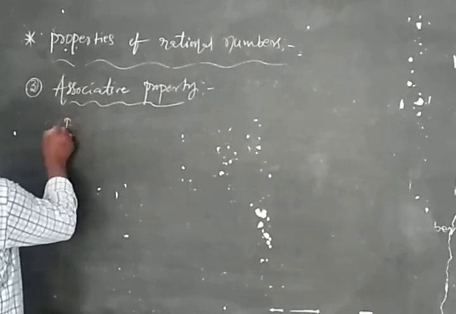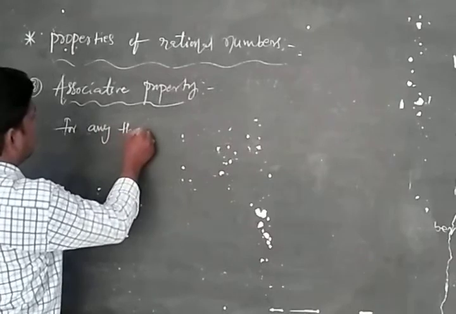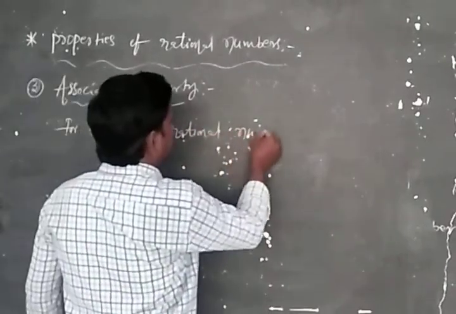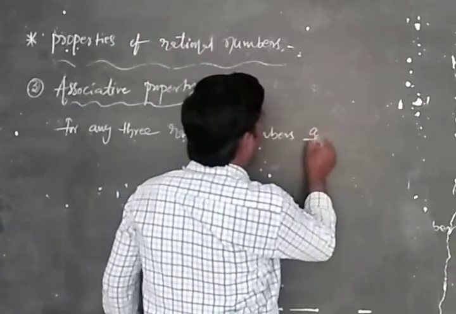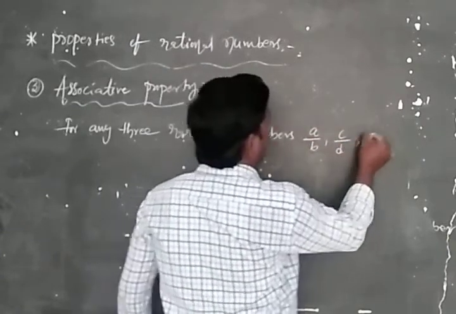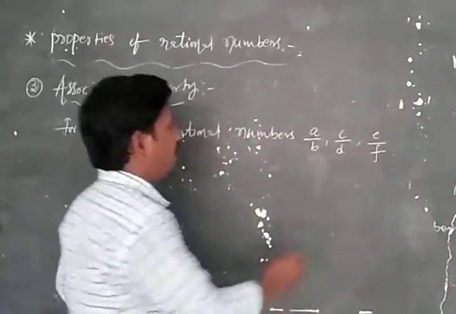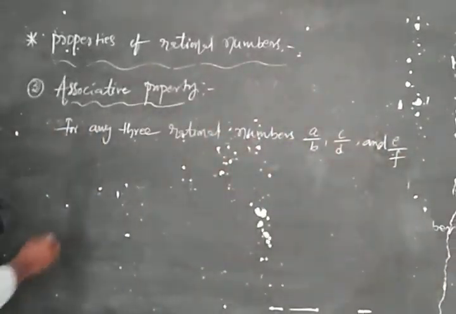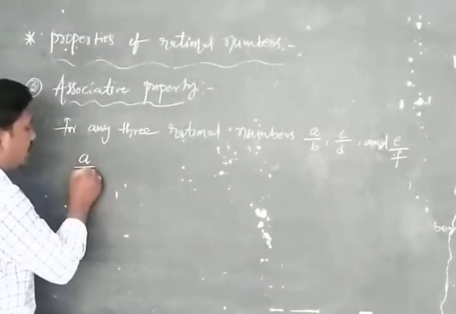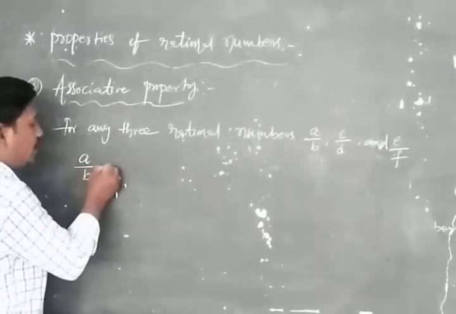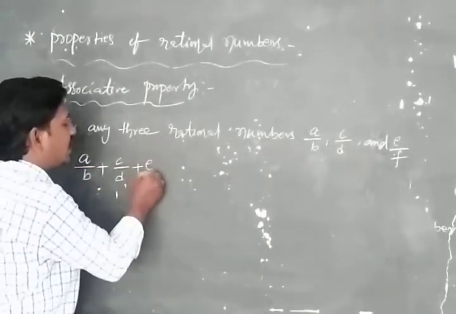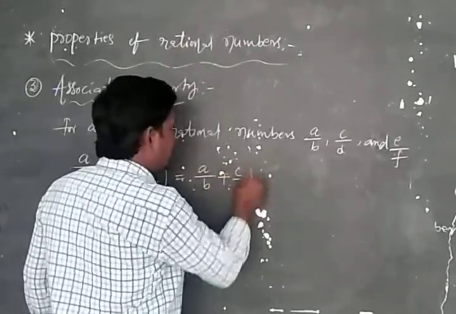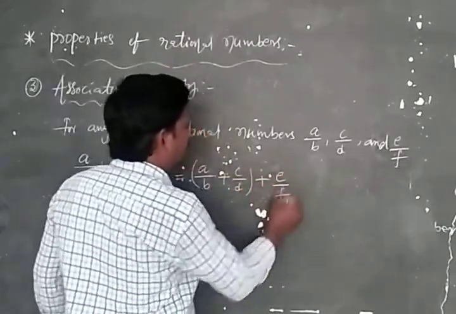For any three rational numbers A by B, C by D, E by F: A by B plus C by D plus E by F equals A by B plus C by D plus E by F. So the brackets are changed.